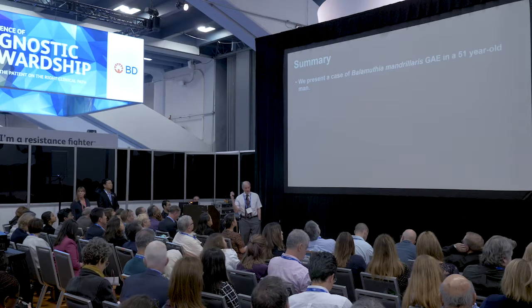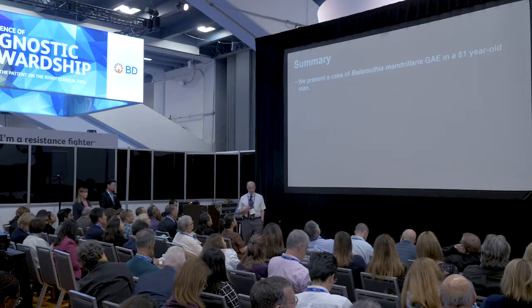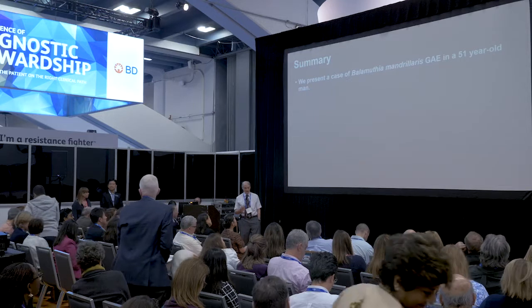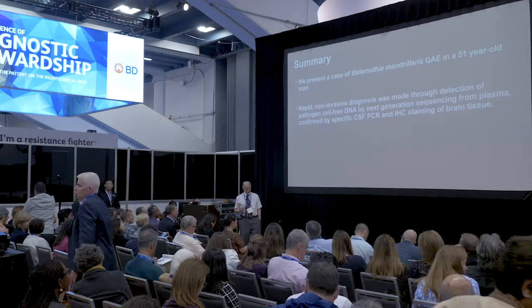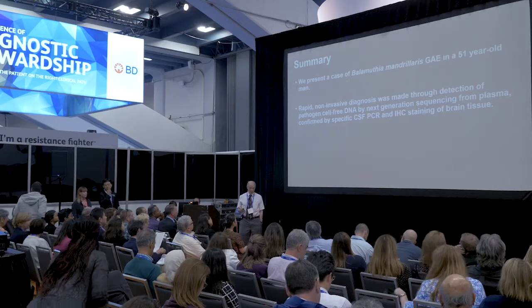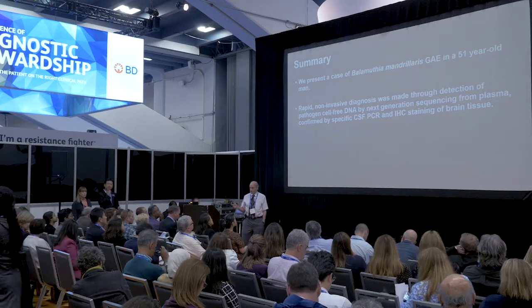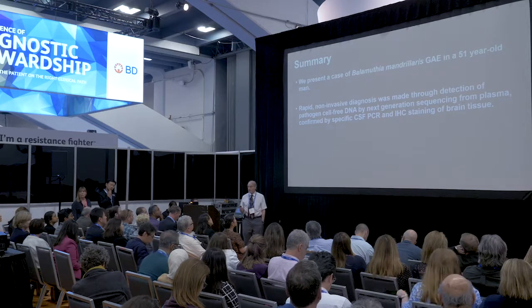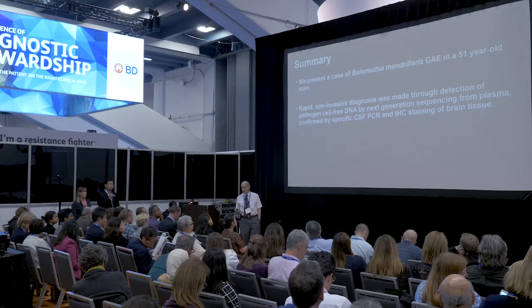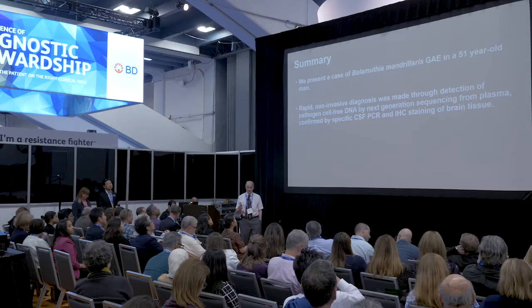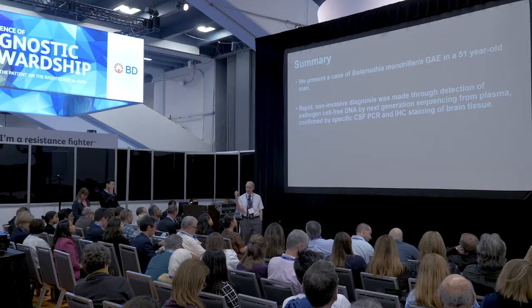So in summary, we've presented a case of Balamuthia mandrillaris granulomatous encephalitis. Rapid non-invasive diagnosis was made through the detection of cell-free DNA in plasma by next-gen sequencing and confirmed by specific PCR in the spinal fluid and specific IHC in the brain biopsy.